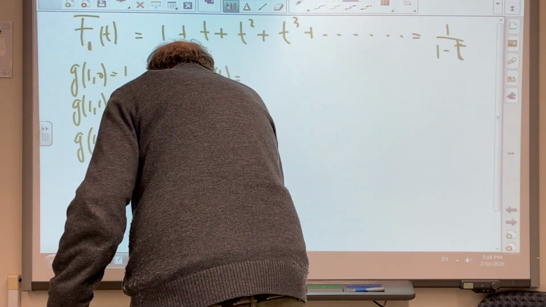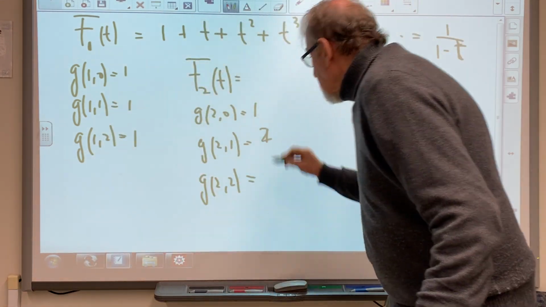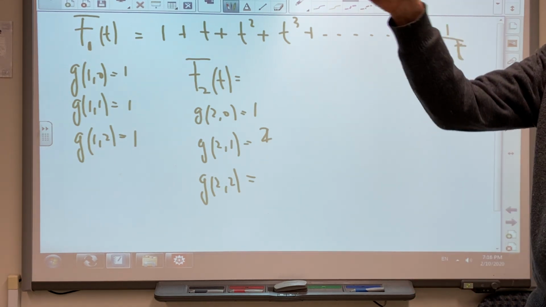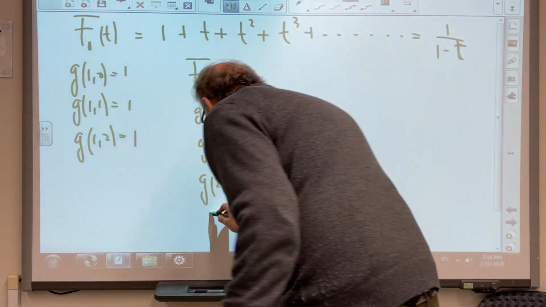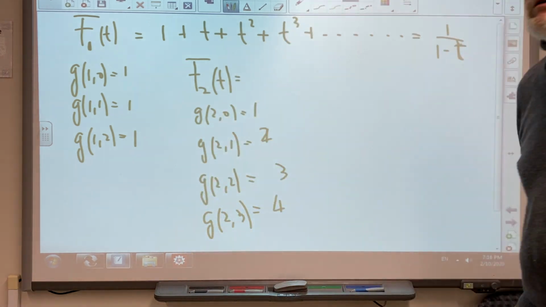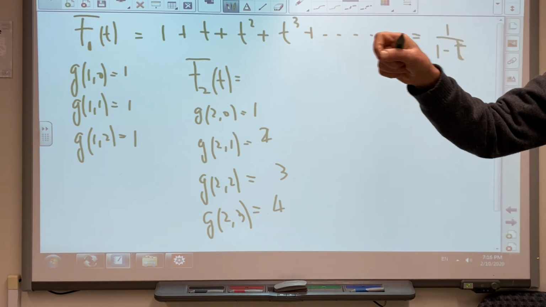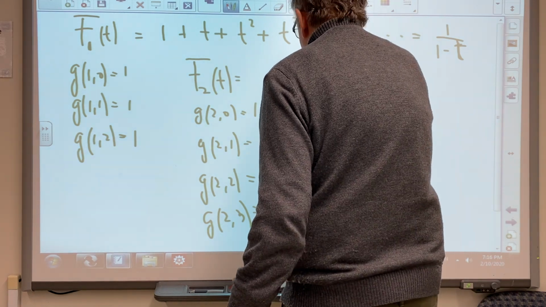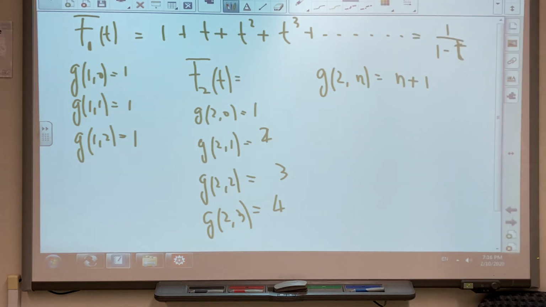If I want energy 2, I get 3 ways: 2 and 0, 1 and 1, or 0 and 2. And for g of 2, 3, there will be 4 ways: 3, 0; 2, 1; 1, 2; 0, 3. In general, you can immediately see that g of 2, any number n, will be the number n plus 1.